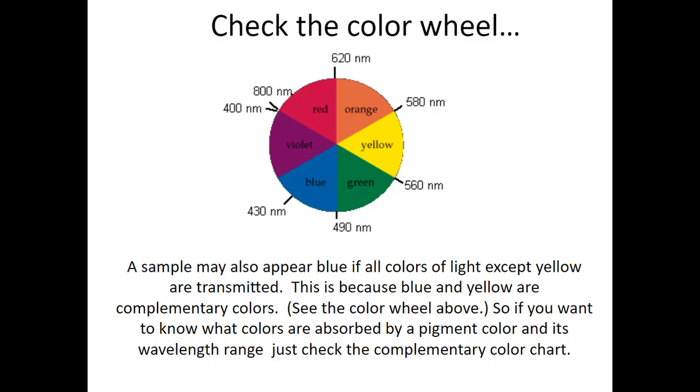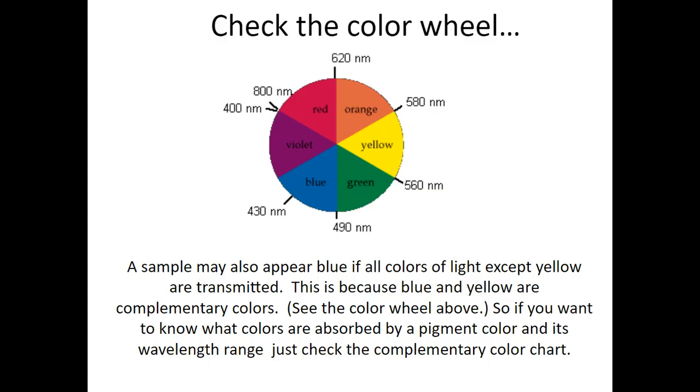So if you look at blue, I see blue, and it's absorbing between 560 and 580 nanometers, so in the yellow range. That's what's being absorbed by that blue. We're seeing it as blue, but it's absorbing the most between 560 and 580. If I see something that's red, it's absorbing in the 490 to 560 nanometer range.